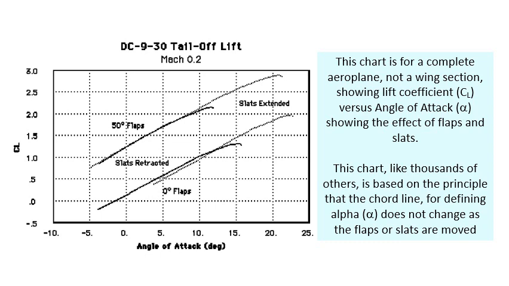This is a common presentation, but it, like many other charts, is based on the principle that the chord line does not change as the flaps or slats are moved.